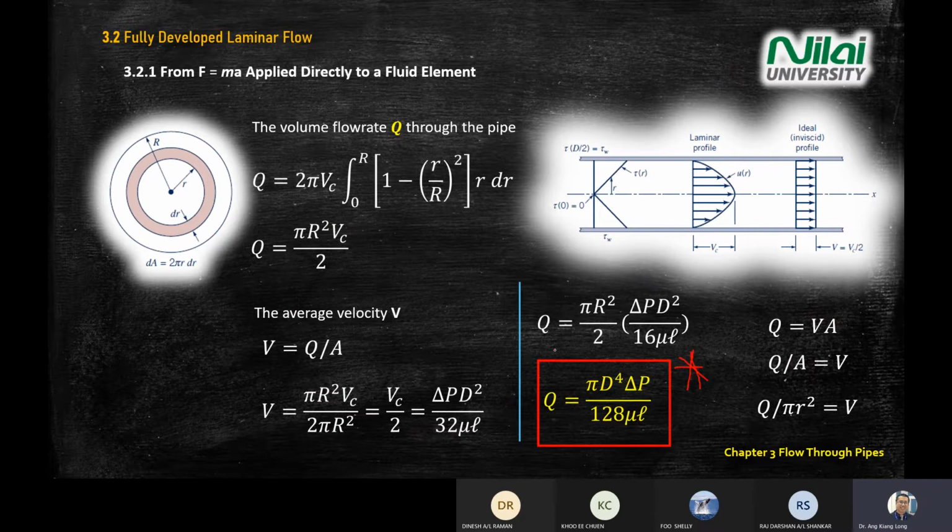So this slide is important when it comes to your test or final exam, when you need to calculate the volume flow rate, Q, for pipe. So you need to find the change of pressure, delta P, meaning you're given pressure 1, pressure 2.